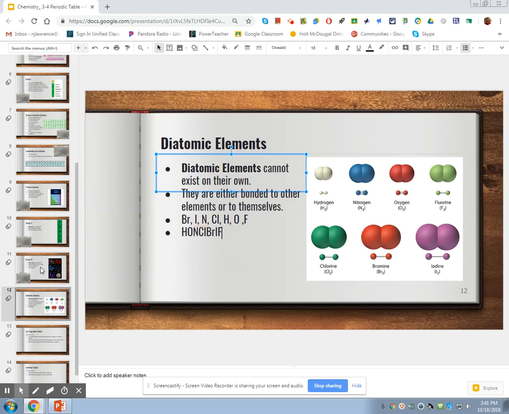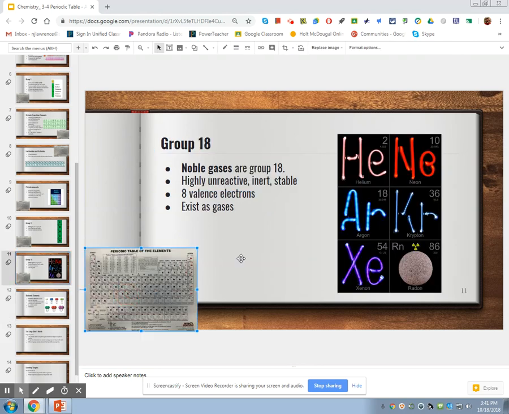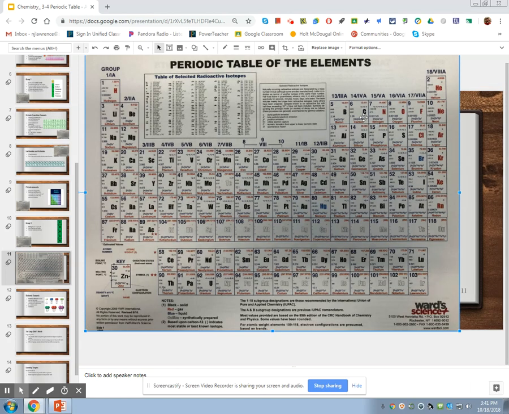The other way you can memorize these 7 diatomics is to look at your periodic table. Nitrogen over to fluorine, down to iodine, and so on your periodic table, nitrogen over fluorine, they form a 7. There's 1, 2, 3, 4, 5, 6, 7.